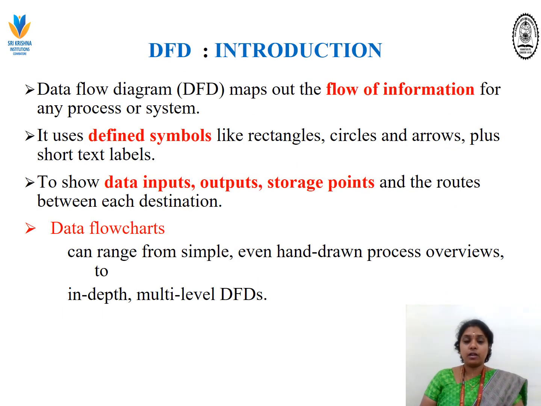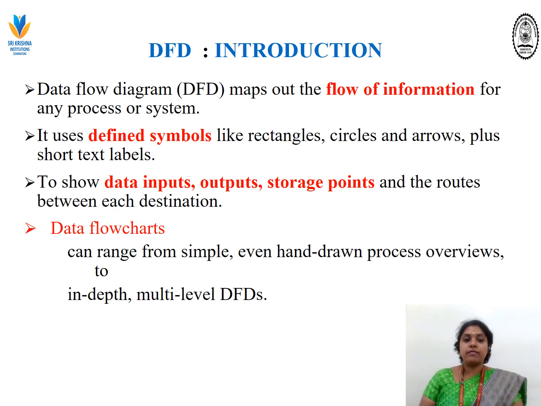Let us see an introduction about DFD. DFD maps the flow of information for any process, system or application, and it is defined by symbols like a rectangle, circle, arrows, plus short text labels. So here it uses input data, output data, storage points, and it gives the route between each destination, like entities.